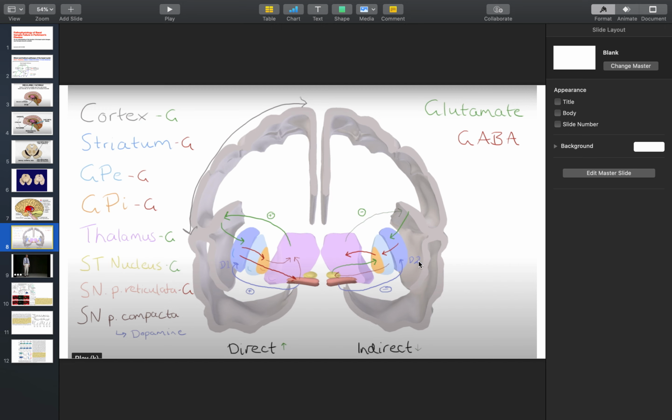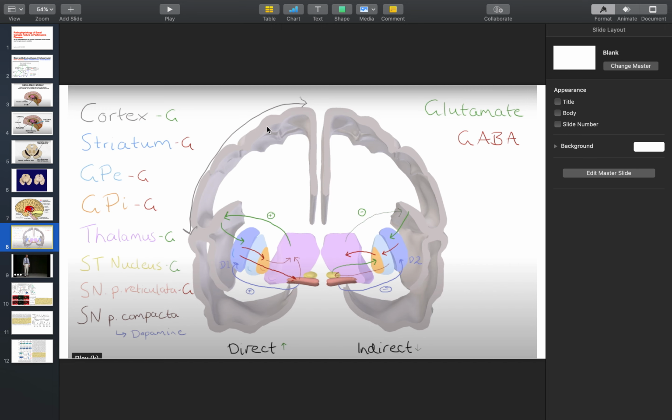It's just that the D2 pathway is going to create less or promote undesirable movement like tremors, and I'll talk about this later when we get to Parkinson's disease. The only thing is the substantia nigra compacta sends dopamine. So let's look at this direct pathway here.